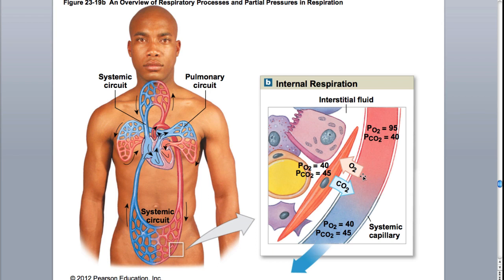We have more CO2 here, less here. So the more CO2 wants to do what? Go into the blood. So it's not just partial pressure, but it's also the solubility story mentioned earlier. Remember, CO2 is more soluble than oxygen.